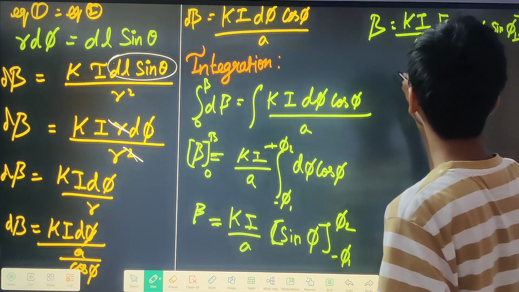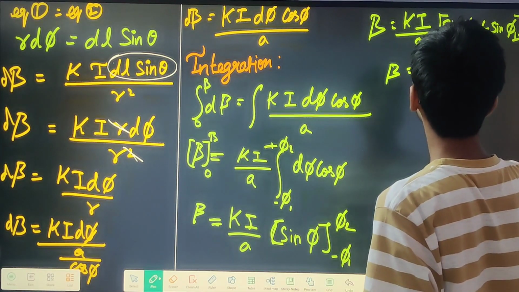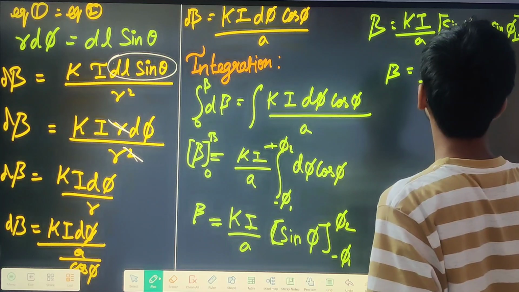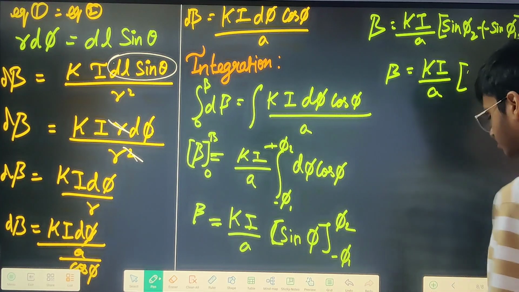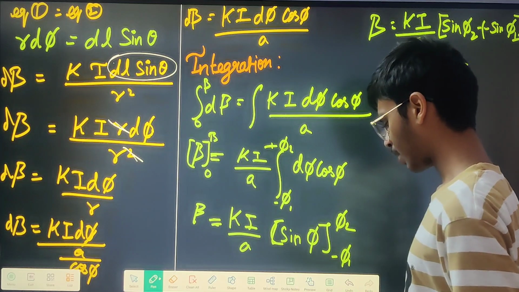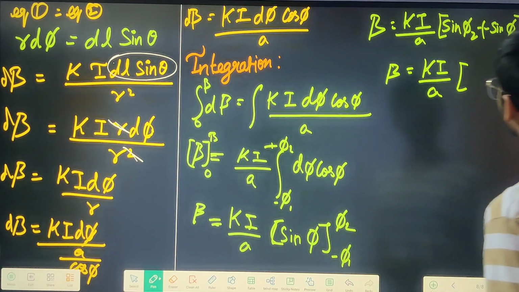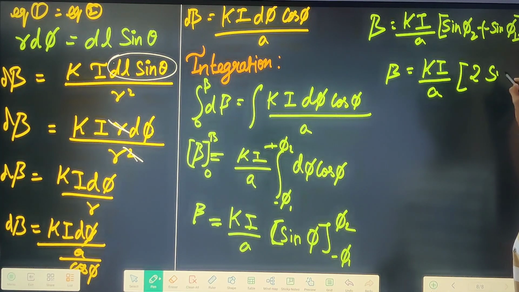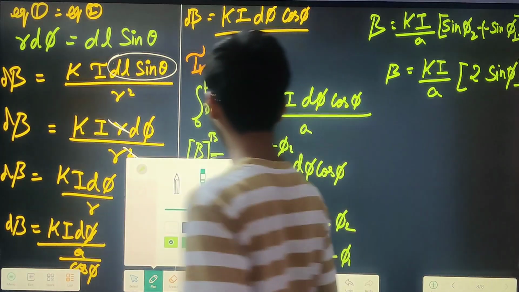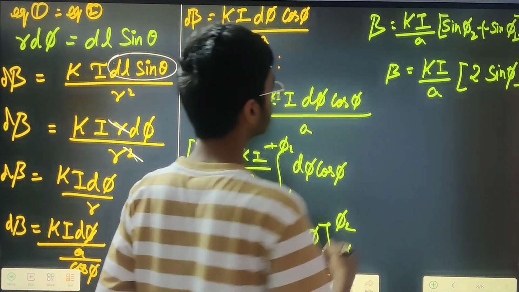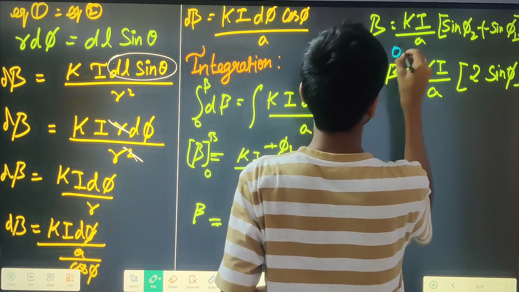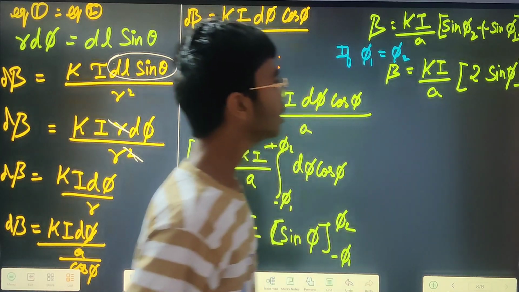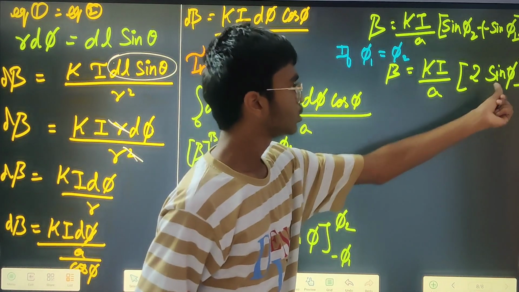So it is going to be B is equal to Ki whole divided by A. Here if phi 1 is equal to phi 2, then it will be 2 sine phi.